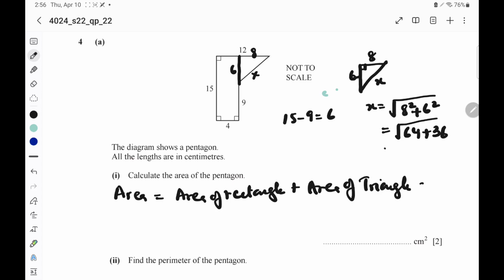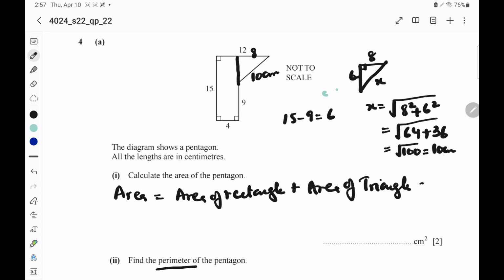So we know that it's easy, square root of 100, which will be equal to 10 centimeters. So this part is equal to 10 centimeters. Okay, to find out the perimeter, because in the second part we need to find out the perimeter. So first of all, we'll find out the area and then we go to the perimeter.